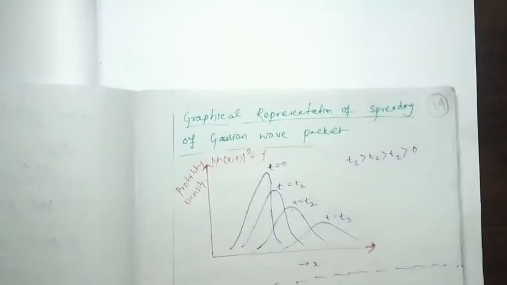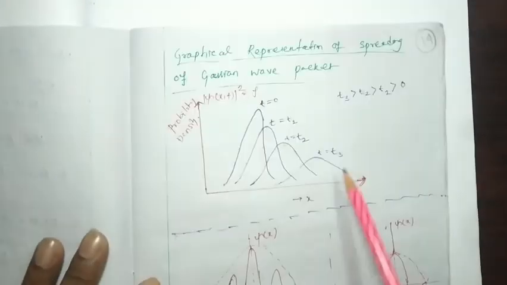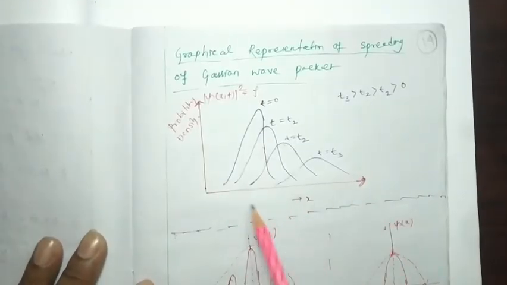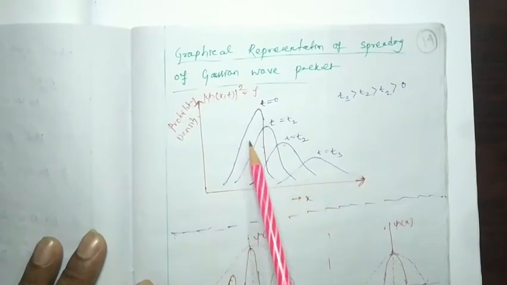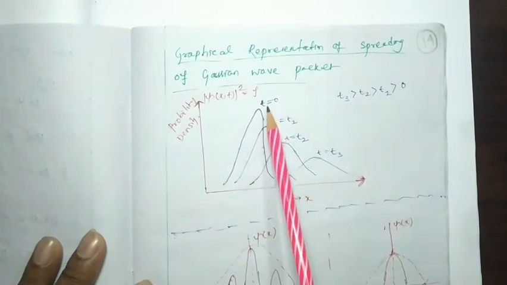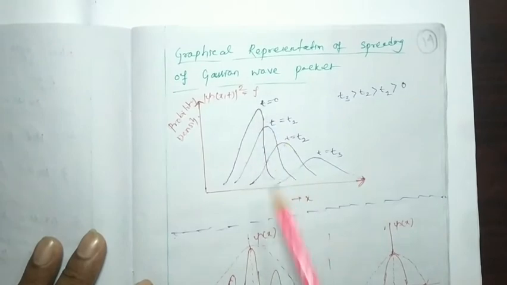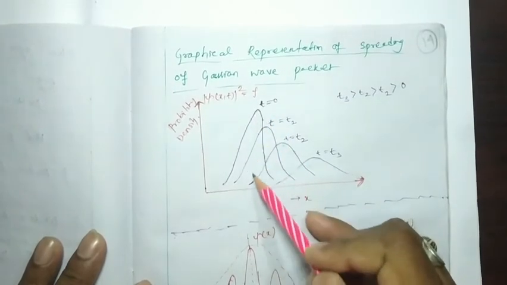Okay, so this is the graphical representation of the spreading of the Gaussian wave packet. Along the x-axis, the wave packet moves. These are the different times and the corresponding peak positions, the maxima.